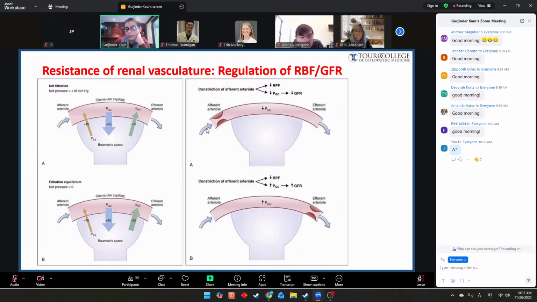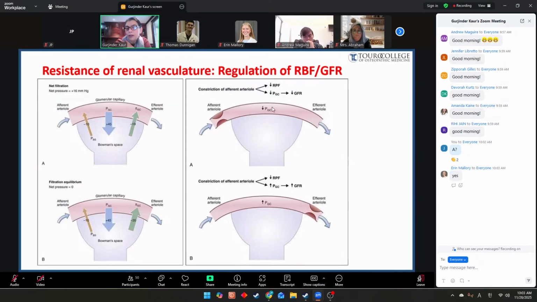Your sympathetics are working on alpha 1 here. They're going to constrict this side. So your glomerulus, the capillary network going into the Bowman's capsule, the head of the nephron, the blood flow is going to decrease here. Is that clear up to this point?